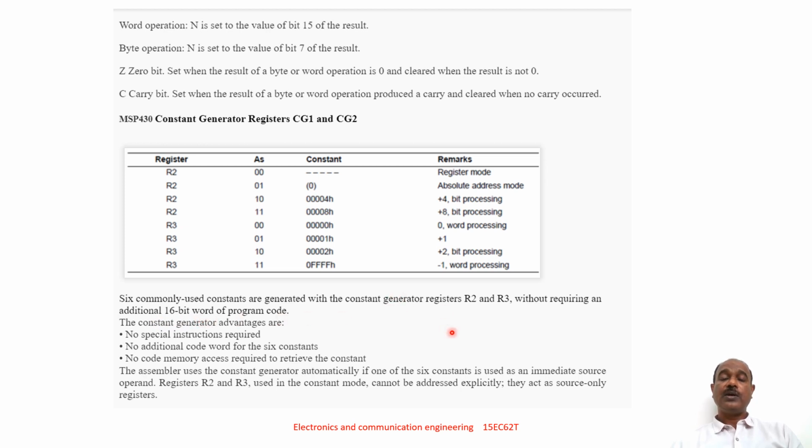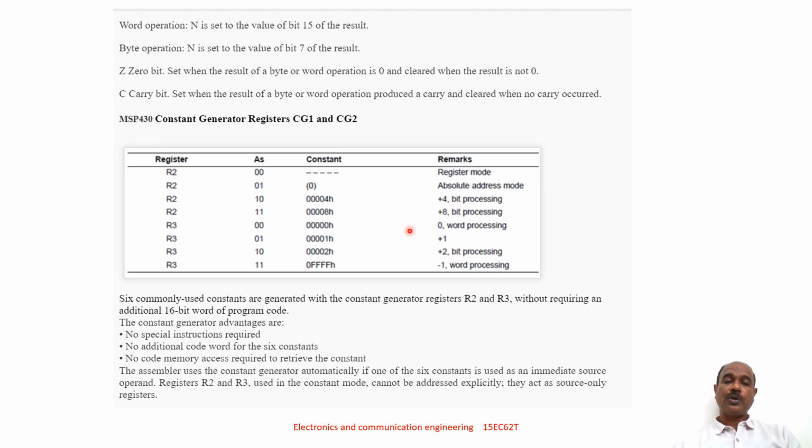Whenever you are writing any instruction in the MSP430 microcontroller, many times I want to use these numbers in the instruction. I want to move this number plus 8 into one of the registers, or move 0 into one of the registers. At that time, I have to use these numbers in the instruction. Now, when I use these integer numbers in the instruction, these numbers will also be stored in the memory.